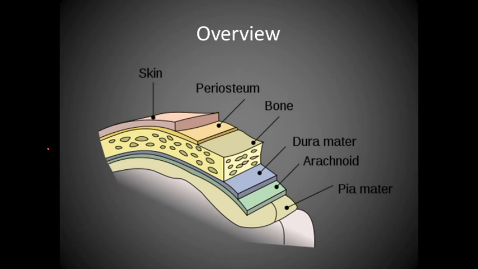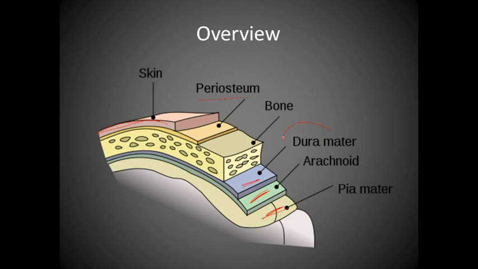Additionally, we have layers until we get into the brain. We have the scalp, which is referred to here as the skin. Just below that we have the periosteum, which is part of the bony matrix, and then below that we have bone. Then we have the dura mater, the arachnoid, and the pia mater.